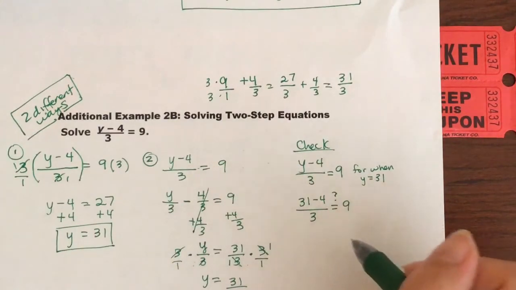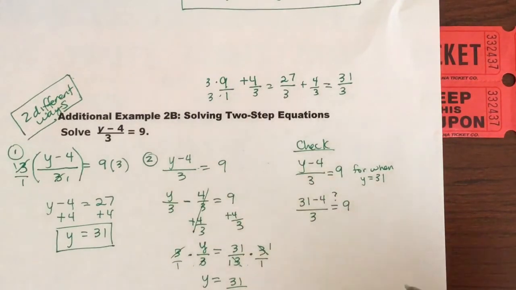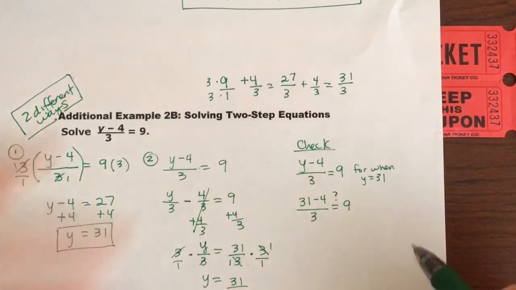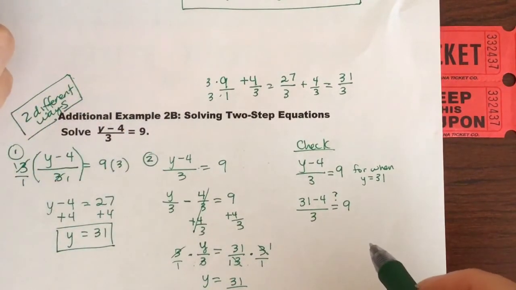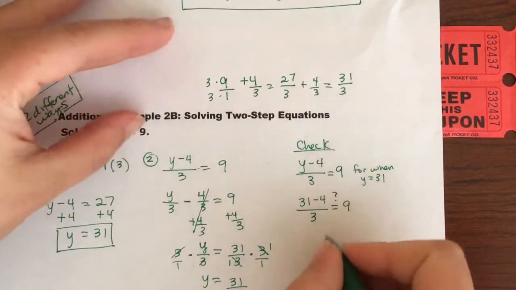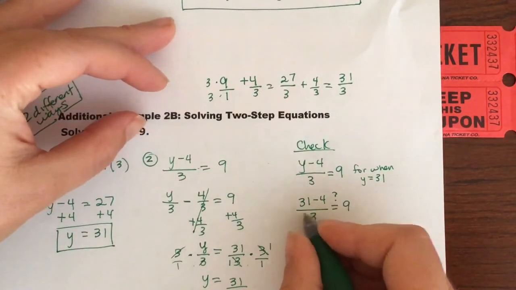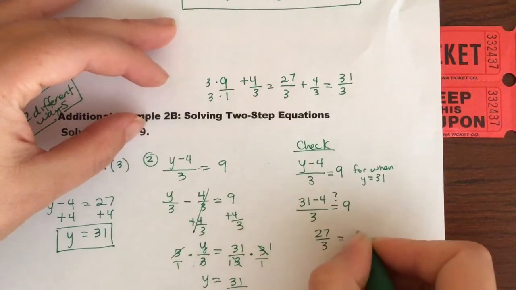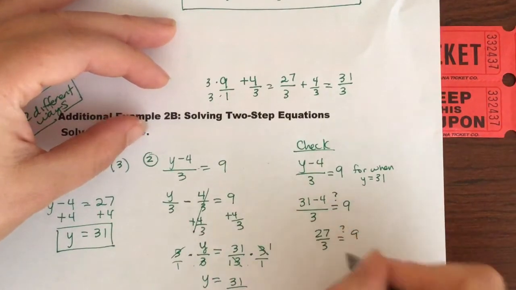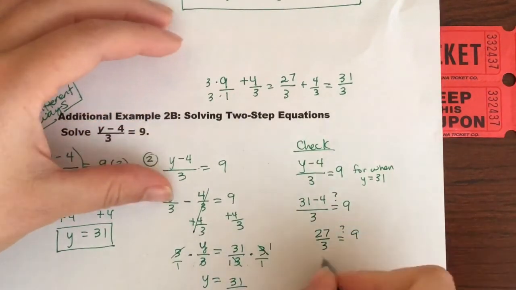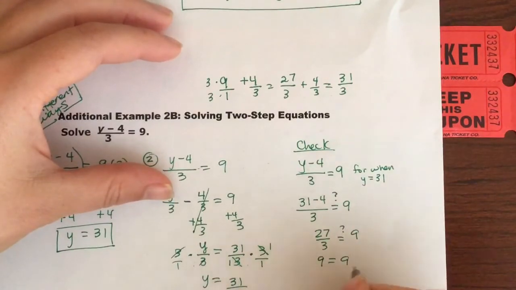We have to do order of operations, so we need to simplify this bit on top of the fraction. 31 minus 4 is, what is it? 27. So 27 divided by 3, is that equal to 9? I don't know. What is 27 divided by 3? It is 9. Awesome.